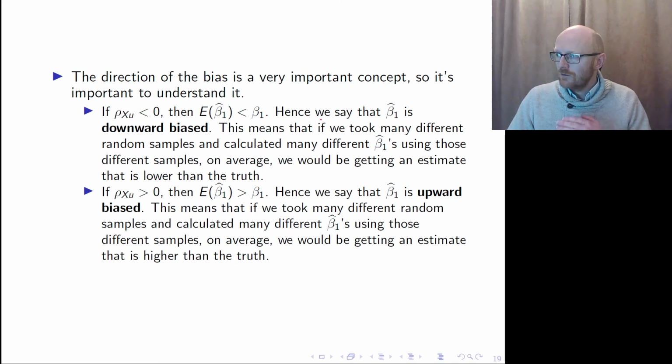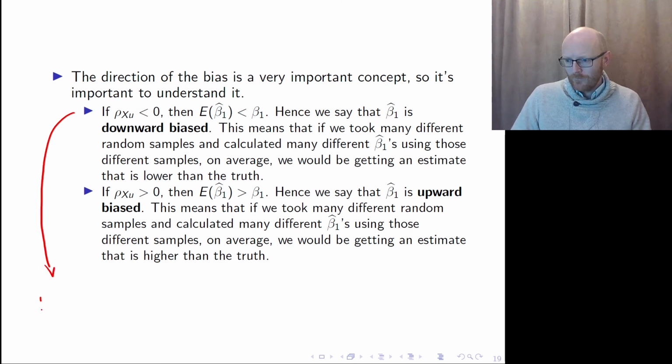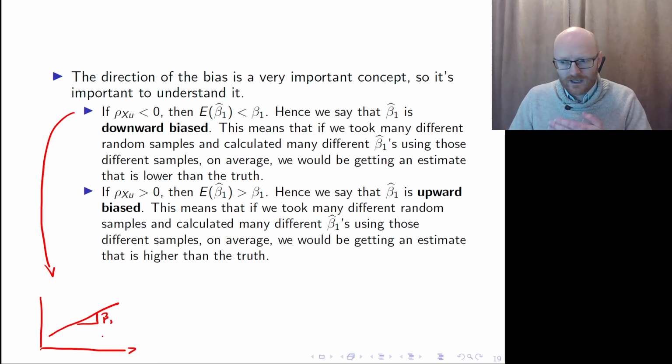In that respect, we say that beta 1 hat is downward biased. So this would be the true beta 1, but you would find something smaller, right?